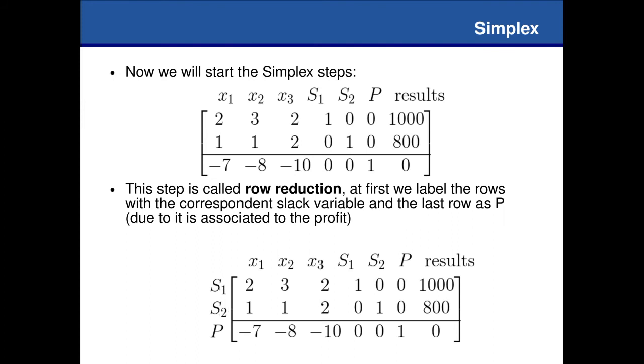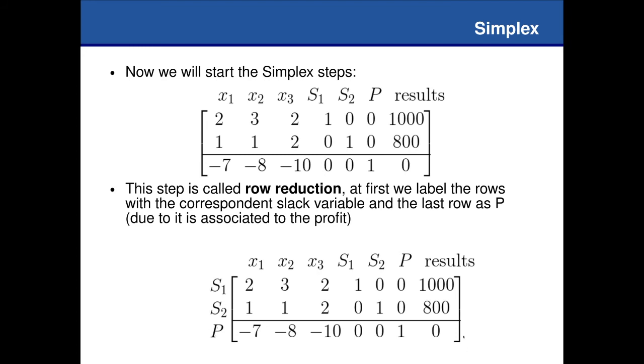Because if S1 is 1000 and S2 is also 800, our problem will be satisfied and our profit will be 0, because all other variables that don't appear as row names assume 0 as a result. So this is our first solution.